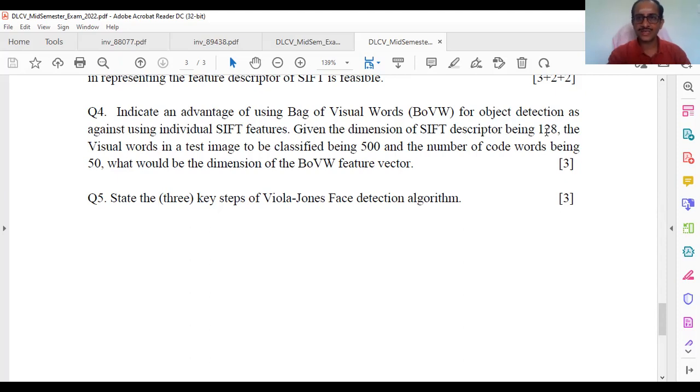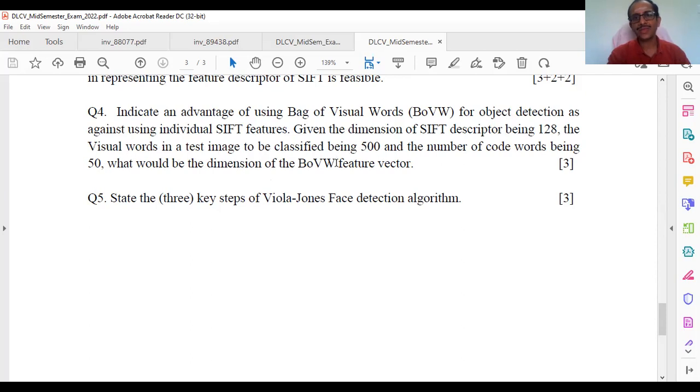You have the SIFT descriptor for the code word. You also have the SIFT descriptor for the visual words, and the distance between these two will tell us to which code word each of these 500 has to be matched. Finally, once we match, out of this 500, 100 may go to the first code word, 5 may go to the second code word, 2 may go to the third code word, and 20 may go to the fourth code word, like that.